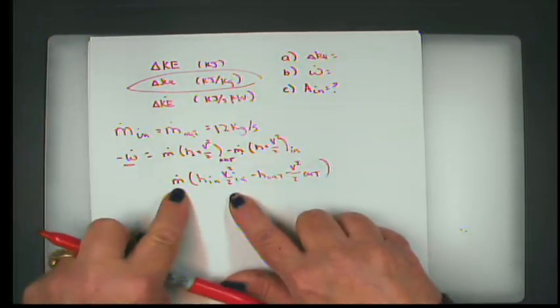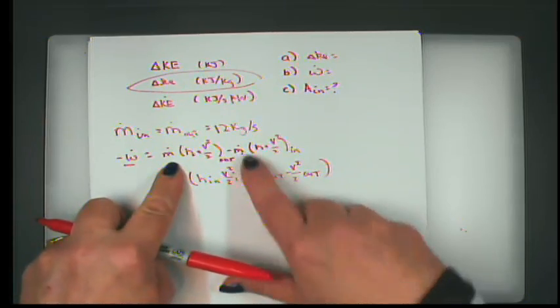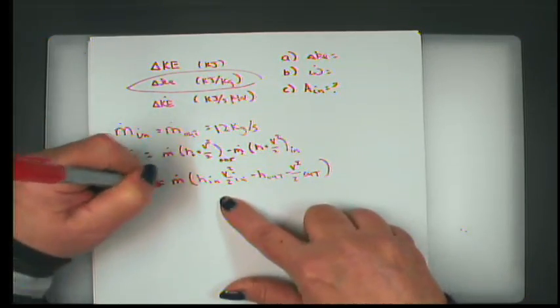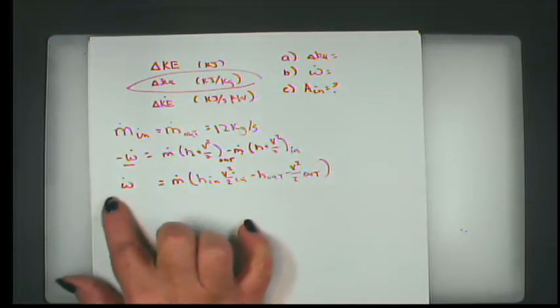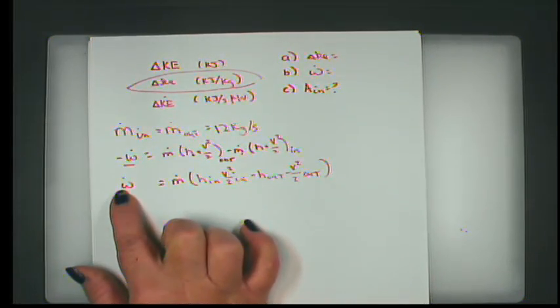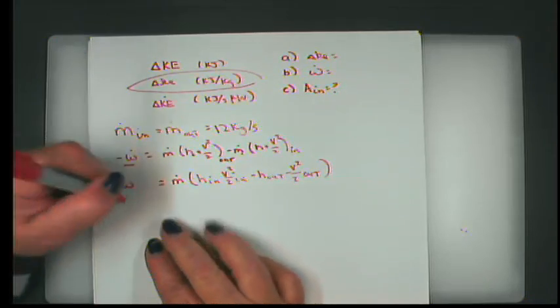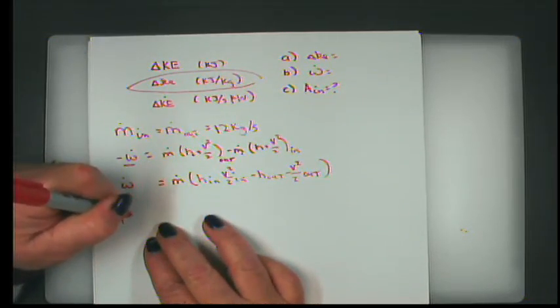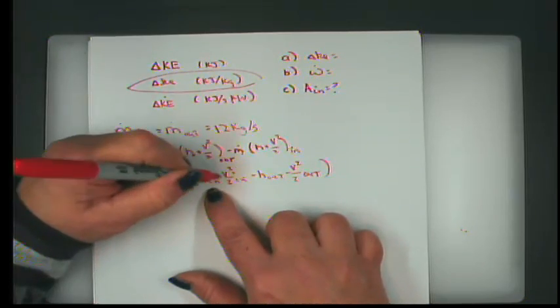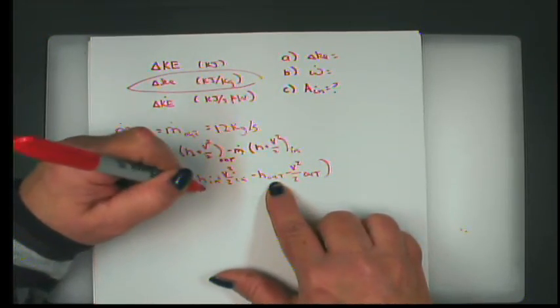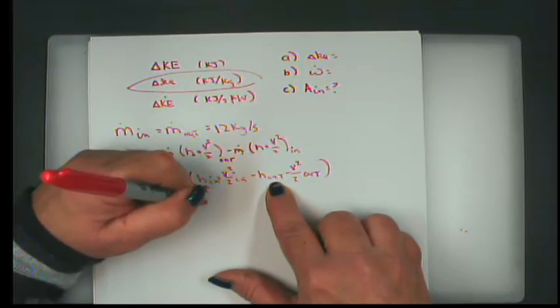And we can multiply the whole thing by m dot, because m dot in and m dot out are the same thing. Since I've switched the signs over here, I can switch the signs over here, and this will directly solve for my power. All right, now we have this term. We can get h in and h out from the tables because we're talking about steam.